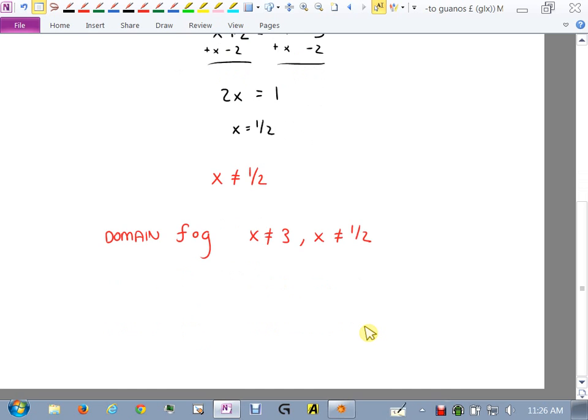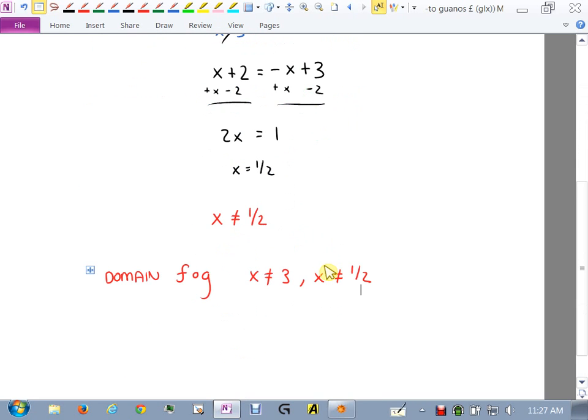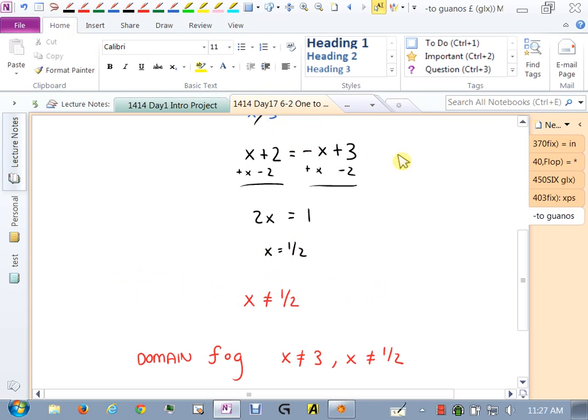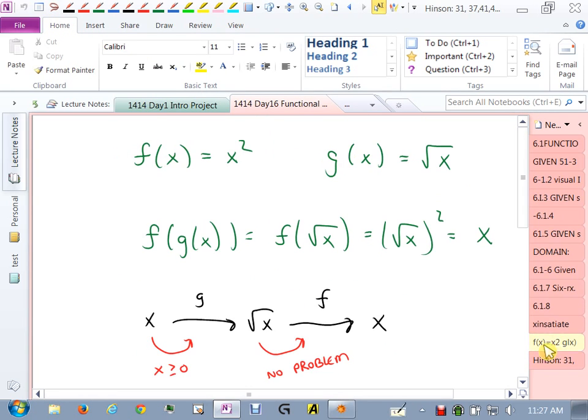Yes? We talked a little bit about that last class, that there's a danger in that. This was an example where when you take x squared and square root of x and put them together, you get x.